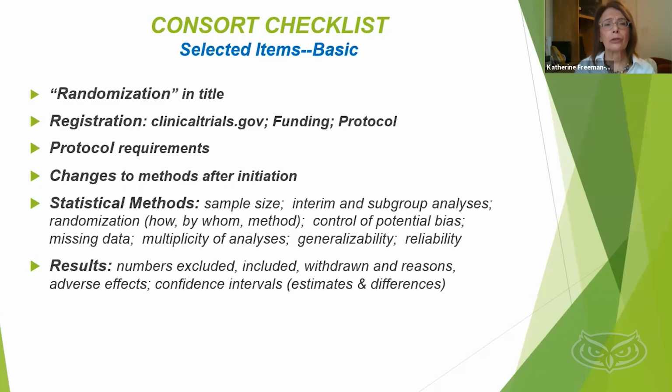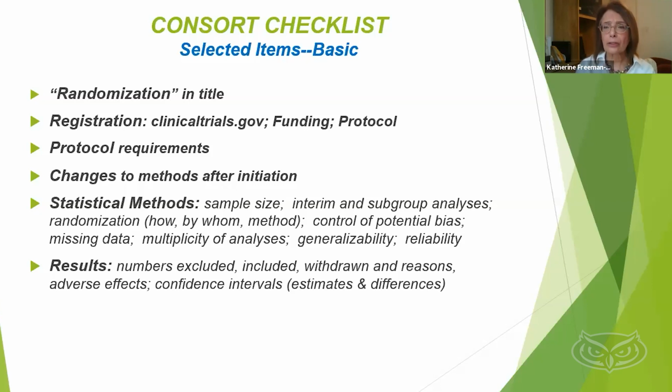You would want to register the clinical trial with clinicaltrials.gov. You'd want to specify the funding agency and indicate where one can find the original protocol and amendments to this study. You would list the protocol requirements in terms of inclusion and exclusion criteria.